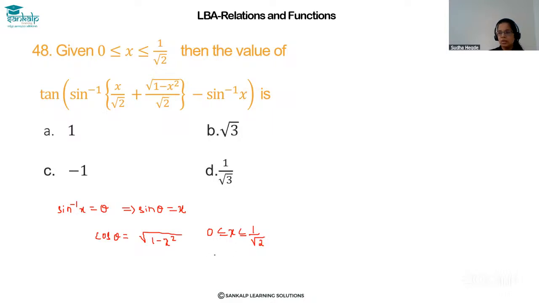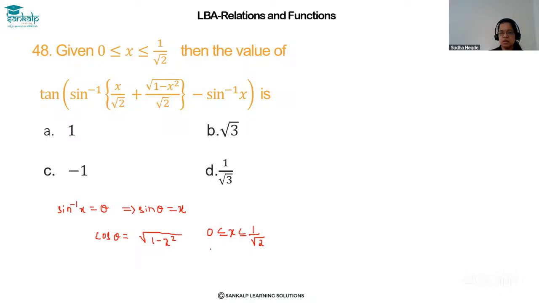Accordingly, can you tell me the theta value? Sine inverse x is theta, or sine theta is equal to x. For what angle is the sine of that angle 0?